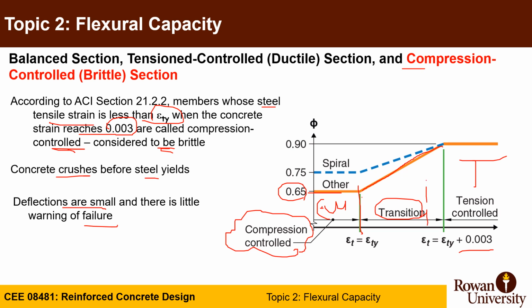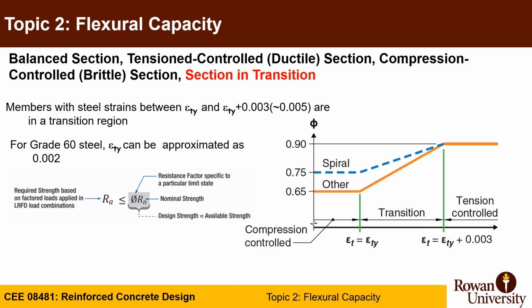Also, you need to know that the code will not allow you to design any cross section for beams or one-way slabs or other flexure members where epsilon T is less than 0.004. So in this case, when the section is in the transition zone, you have to interpolate to find the phi value.